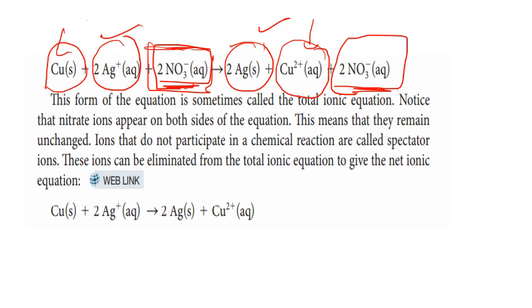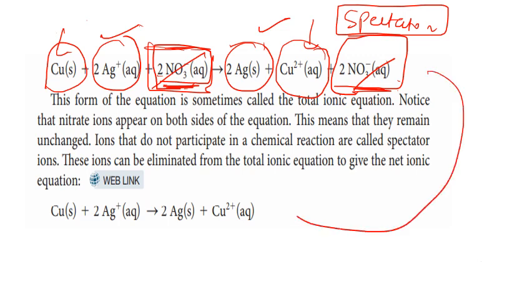So these are called spectator ions. They are just watching there. They're not participating and not contributing to the reaction, so you can cancel them because they have the same quantity on both sides. When you get rid of them, you get this nice equation.